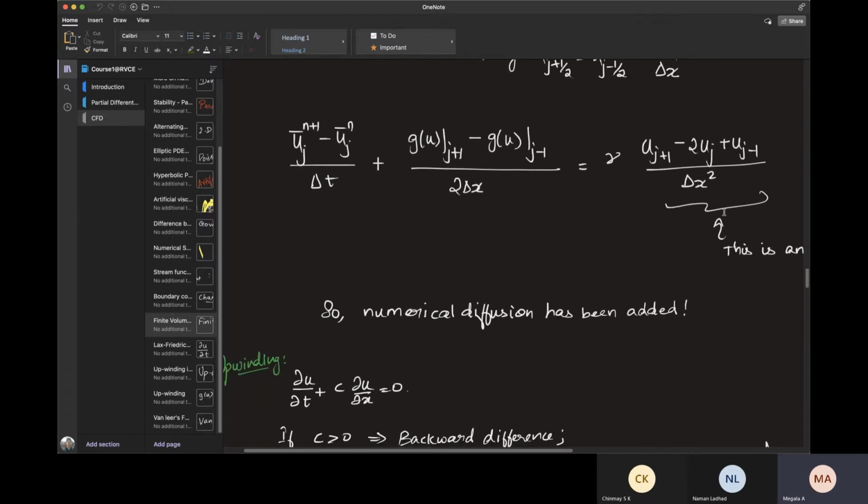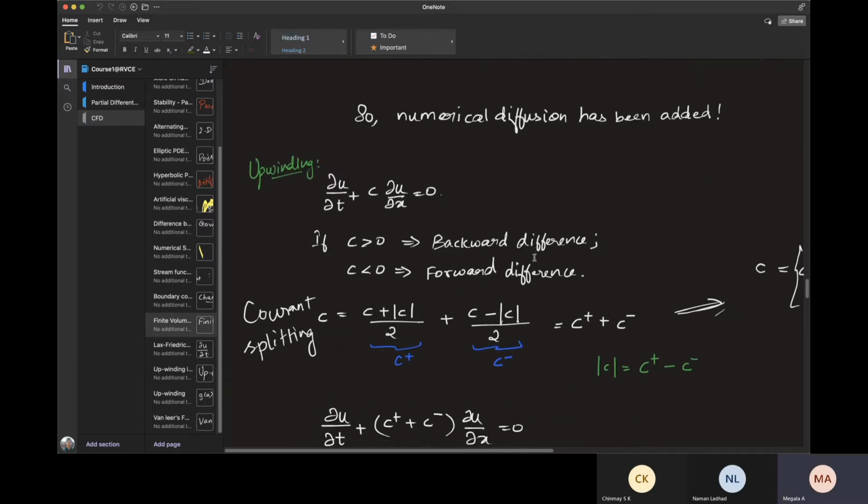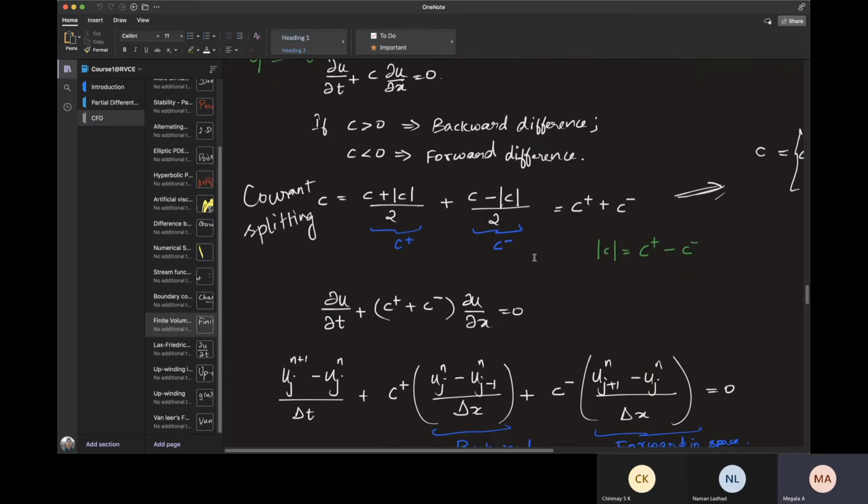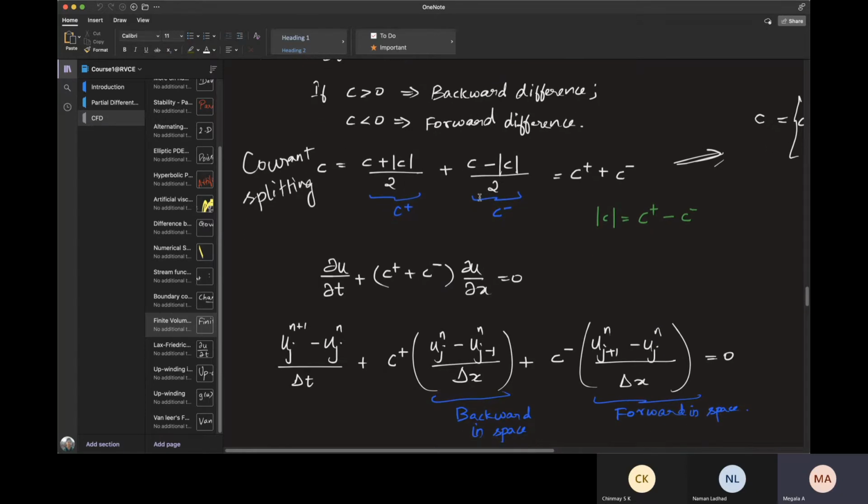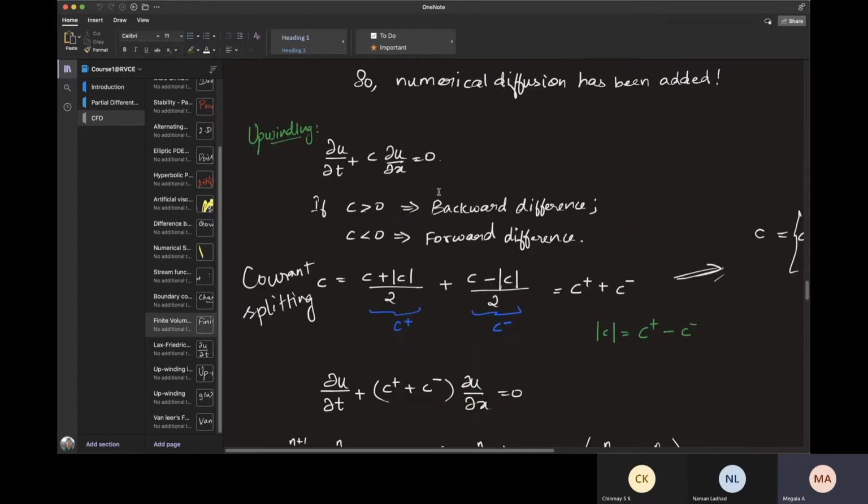This is the numerical diffusion part that we have added. And then we also saw some gist of upwinding last time. So we did Courant splitting. This is for only the linear convection equation. Today we'll see how to do upwinding for any general nonlinear scalar conservation law and also for systems of conservation laws like Euler's equations. So today we'll see all that.